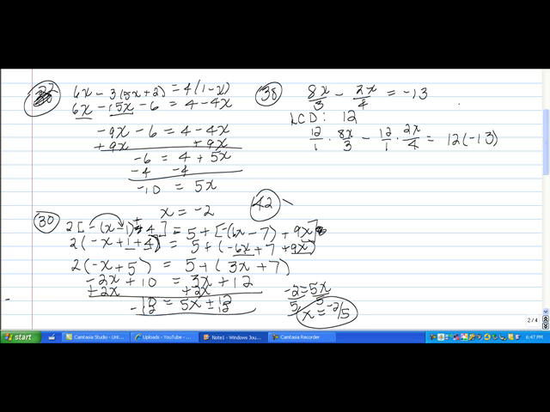Okay, so I've multiplied everything on both sides. I'm making sure I copied this right. 2x, okay. Alright, so 3 will go into 3 and also into 12. 4 will go into 4 and also into 12. And if I multiply, I'll get 32x minus 3 times 2 is 6x equals 12 times negative 13, which is negative 156.